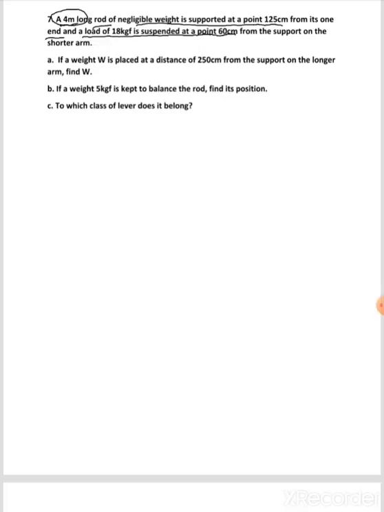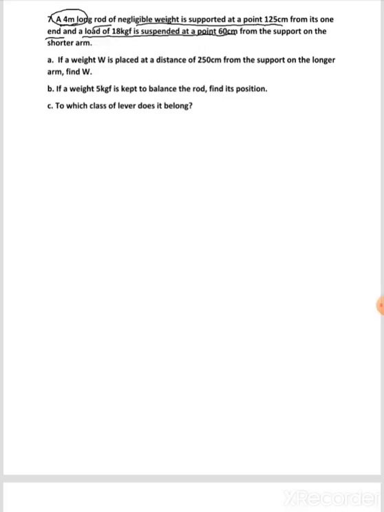Okay, then what do you have to find? Number A, if the weight W is placed at a distance of 250 centimeter from the support on the longer arm, find W. Number B, if a weight of 5 kgf is kept to balance the rod, find its position. And number C, to which class does it belong? So this is our question.